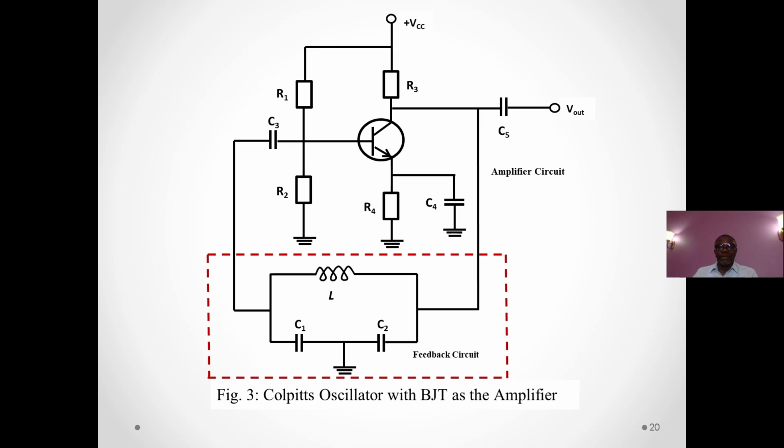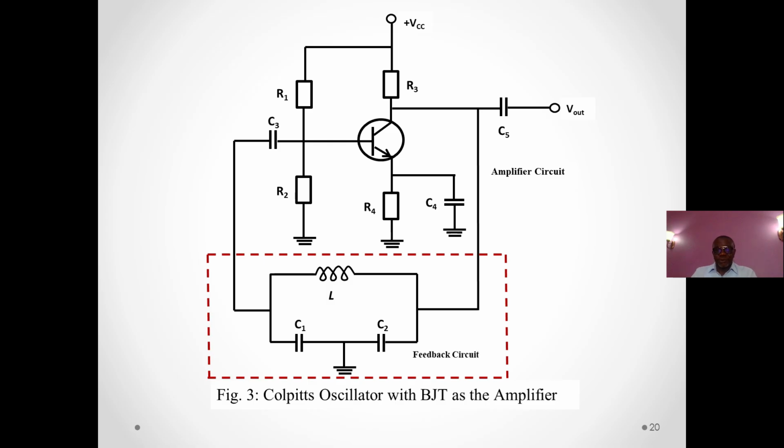Remember, one of the questions is, why do we have to use bipolar transistors as amplifiers instead of op-amp? We answer that shortly. Then you see the tank circuit, or which we call the oscillating circuit, marked in red.